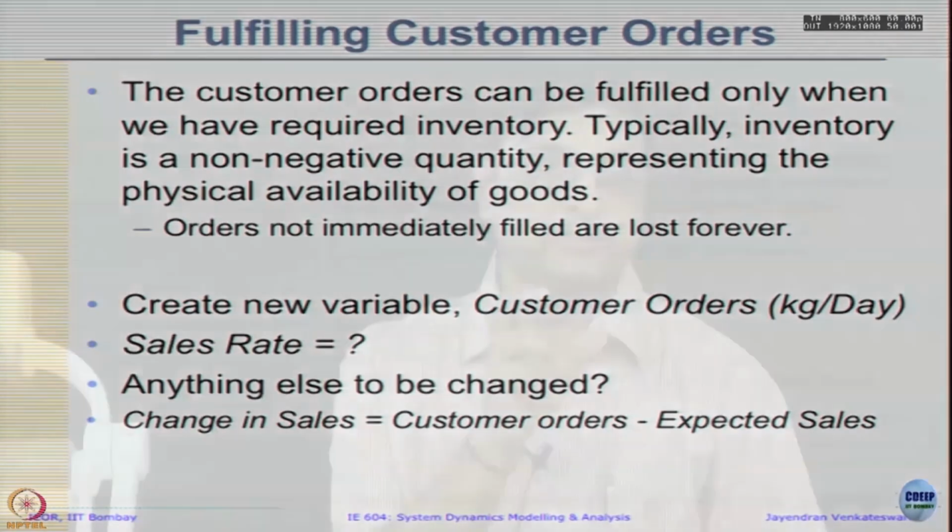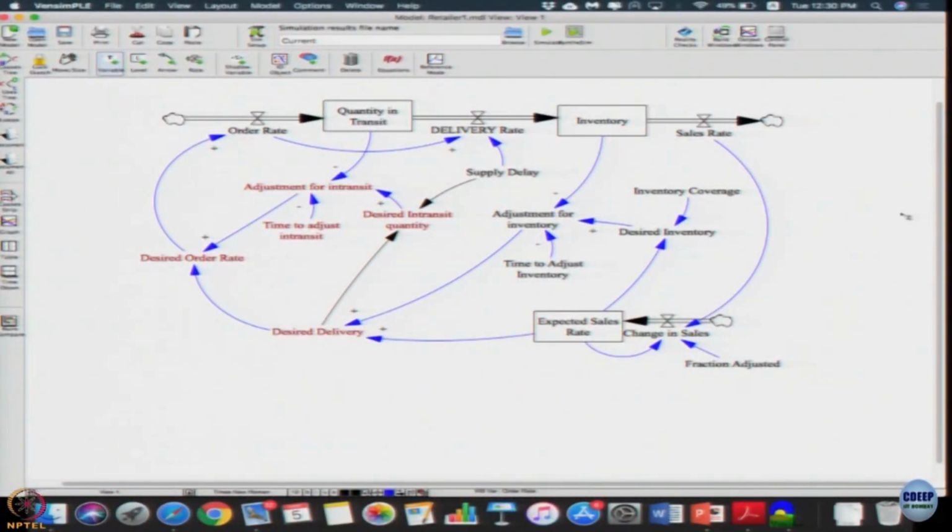We change the expected sales rate based on the customer orders and the expected sales rather than the sales rate. So let us update this in our model. Then how should the equation of sales rate be? Go ahead, let me do this.